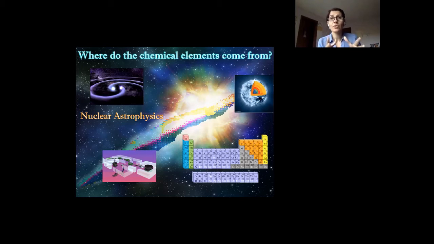Or if it's impossible to measure experimentally, you can either rely on theory and try to have as accurate a theoretical prediction as possible, or you can combine the two. You can say, okay, I cannot measure this directly, I cannot get the full answer, but maybe I can constrain it enough that if I work with my theory colleagues, we can together draw an educated conclusion for what this quantity might be. So this kind of gives you a big picture for how the field of nuclear astrophysics works.